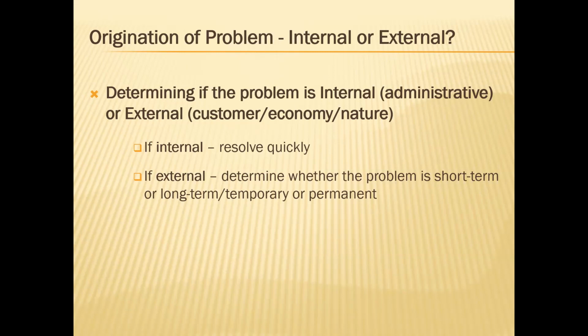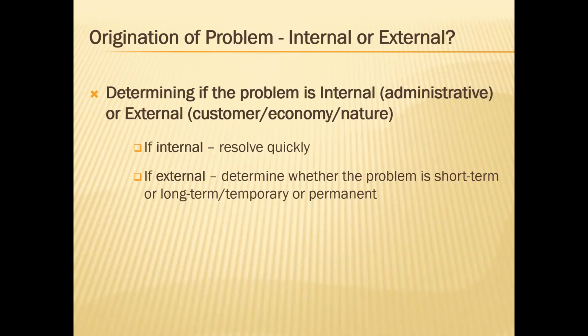If it is internal, you need to resolve it quickly, because, for example, the customer has a payment that came in, but it didn't go through the account, and maybe it's sitting on one of your suspense accounts because for some reason, maybe a digit was missing or whatnot.